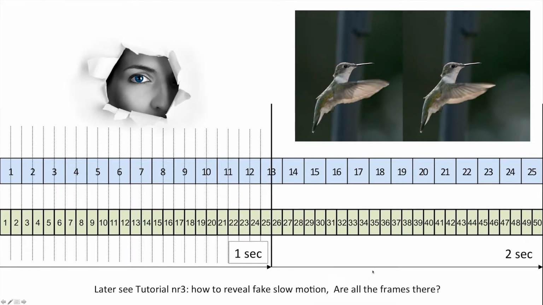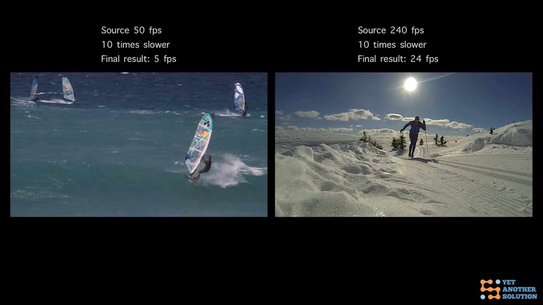Are all the frames there? Why do we ask ourselves about that? Yes, we ask because some editors don't tell you whether it is real slow motion or not. I remember early versions of iMovie. When you imported movie clips, it took away half of the frames.